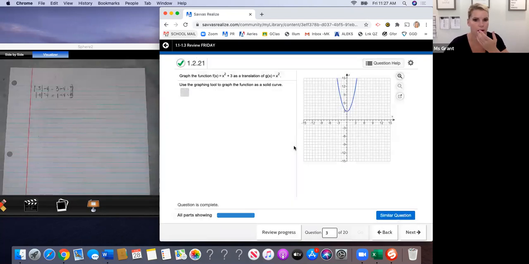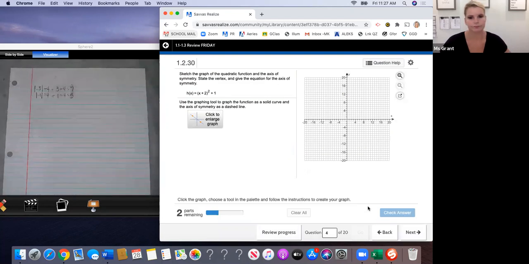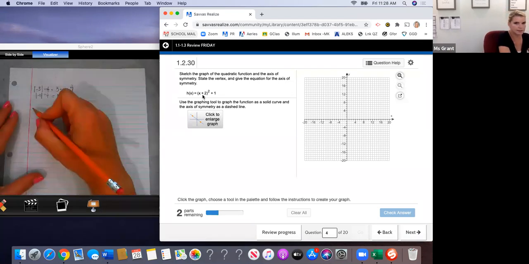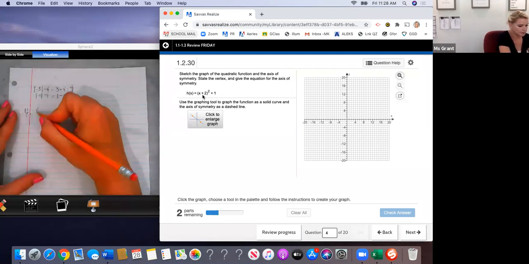Number 4. Sketch the graph of the quadratic function and the axis of symmetry. State the vertex, give the equation of the axis of symmetry. So my vertex is going to be at negative 2, 1.